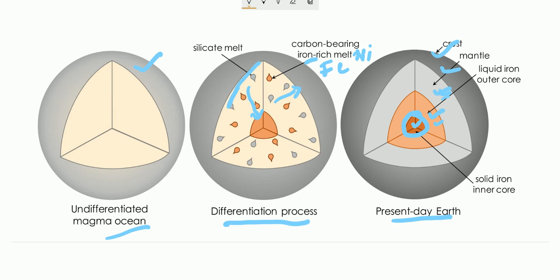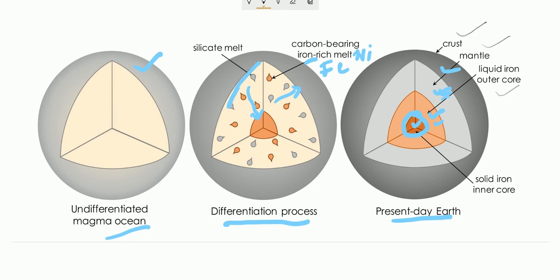I think in the lower classes you have learned about the 3 layers of the Earth. This is the crust. Next, in the middle we have the mantle, and in the center we have the core, right?